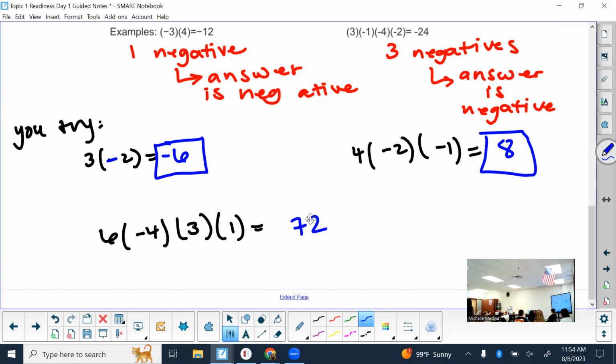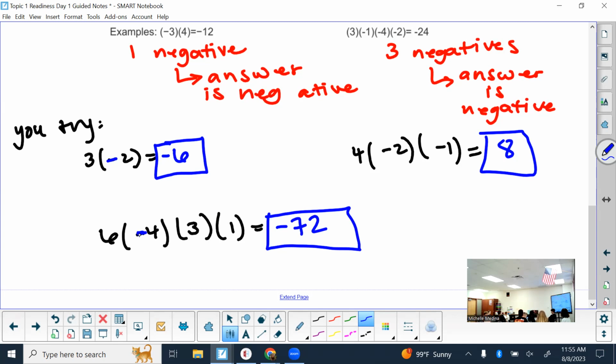Think of it like 3 days, like 24 hours in a day. It is 72, and then 72 times 1 is 72. Should it be a positive 72? Should be negative, and maybe you said that, maybe I just didn't hear you, but since there's one negative sign right here, and that's the only one that's there, one is odd, my final answer should be negative.